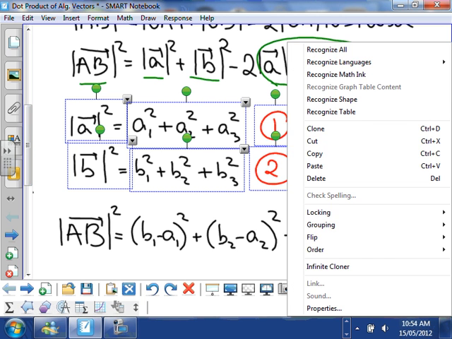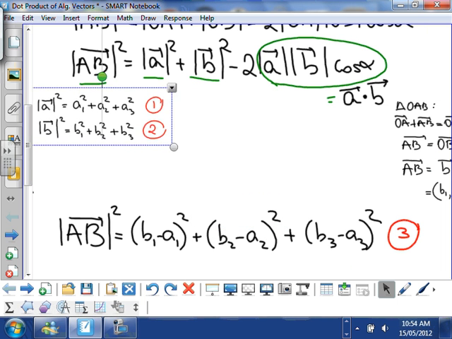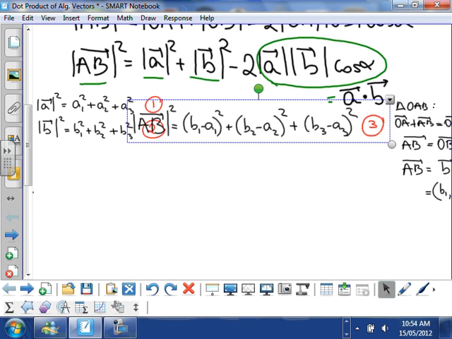substituting all the values there. Make this smaller, put it here, so I have it under this one, make it smaller, and let's put it right here.